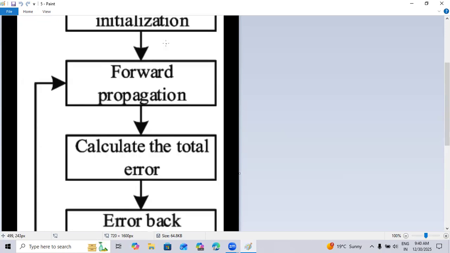Next is forward propagation. Forward propagation means data goes forward through the input layer, then a hidden layer, and last the output layer.